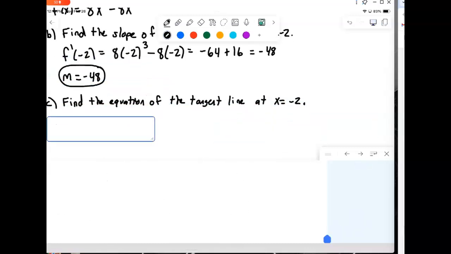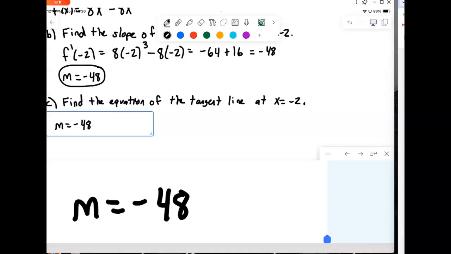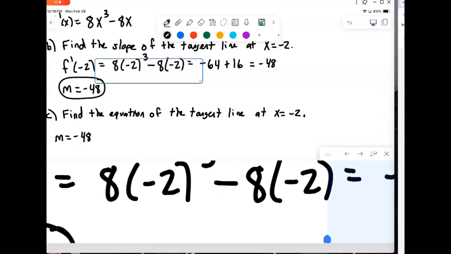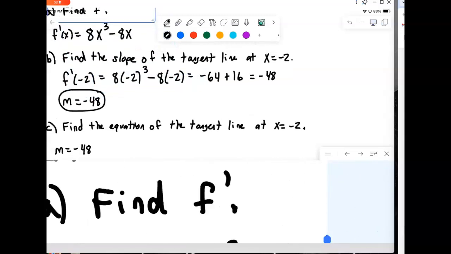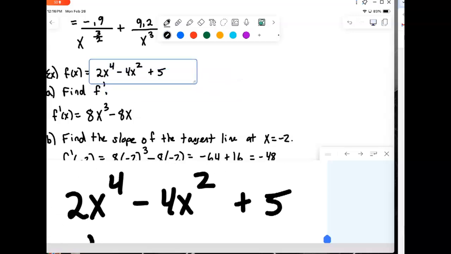So we already know the slope. That's what we just found in the last problem. The other thing we need to know is a point on our graph. Well, since we know our x value is negative 2, we can go back to our original function. Plug negative 2 in for x to get the y value.